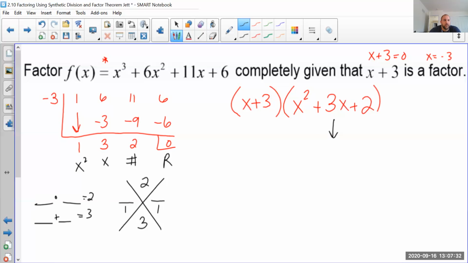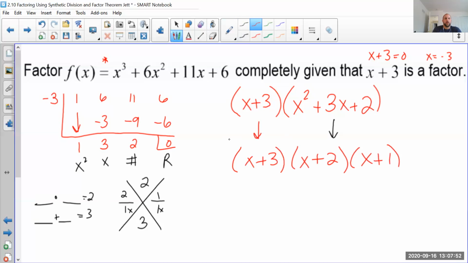Yep, 2 and 1. So that tells me this x squared plus 3x plus 2 factors into x plus 2, x plus 1. And then don't forget to bring down this original that they told us, x plus 3.